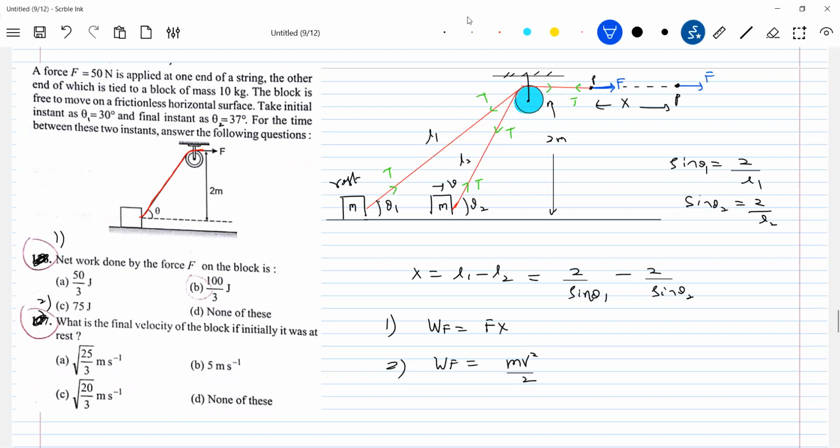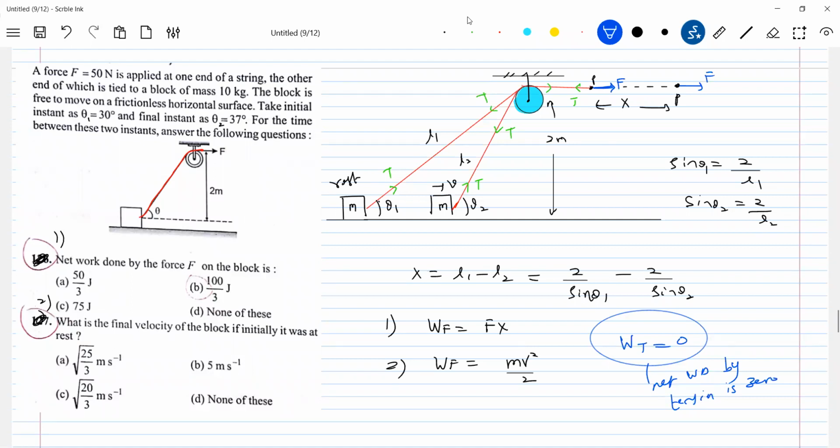You can't take it for granted; you are supposed to analyze. Net work done by tension is 0. So in every problem we have to dig deep into the situation: which forces are doing work, which are not. Then we have to conclude.